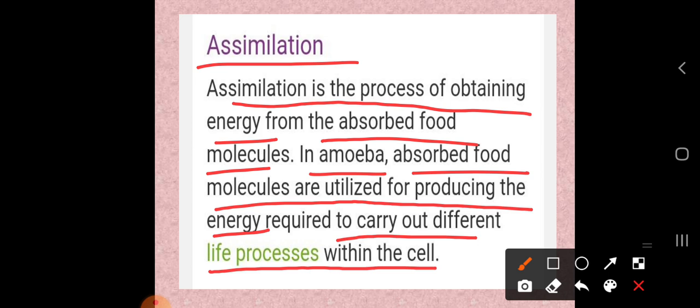After getting the energy from the nutrition, the amoeba then leaves the waste material from its body, as we remove waste from our bodies. So these are the steps in the mode of holozoic nutrition in amoeba.